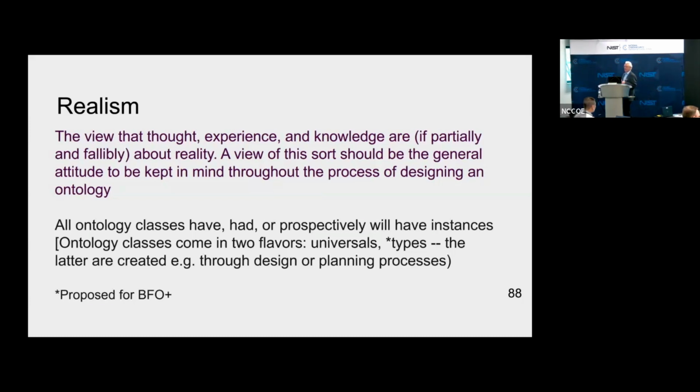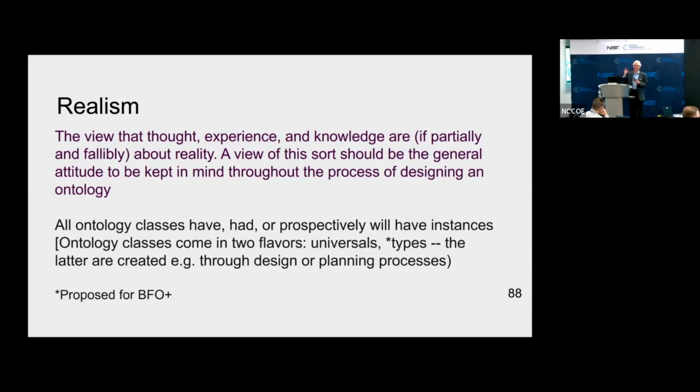But we have to allow the possibility that a design might bring into existence something like a universal, even though there are no instances of that universal until a much later phase in the engineering process. And so I am now canvassing for the idea that we introduce a new term, or anyway, a new definition of a term which we've been using sloppily for a long time, namely the term type.